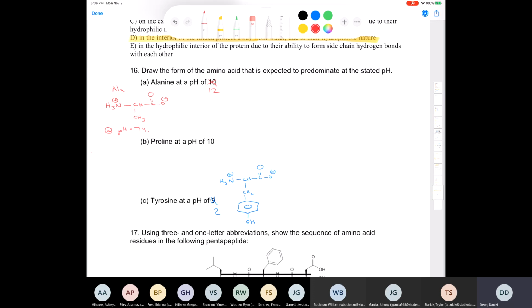Not a trick question. Would that be strongly acidic or strongly basic? It's going to be very basic, right?